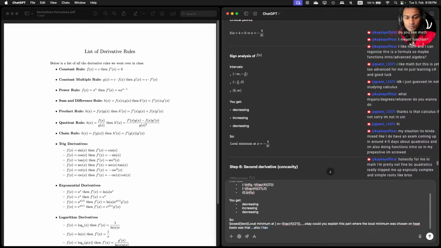Also seen more terms other than this, the local maxima, global. Out of all those, why was only the local minima chosen here?